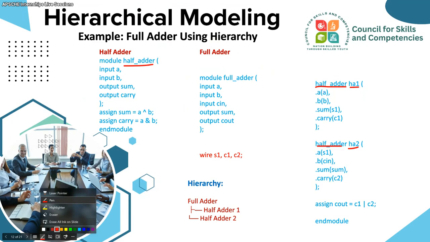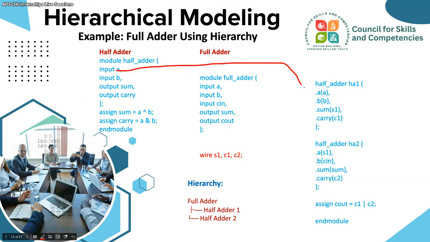Then in the first half adder, what I am trying to do is connect this A to the A of the half adder. So I have one half adder. It is having A and B, and then it is having sum and carry, sum 1 and carry 1.